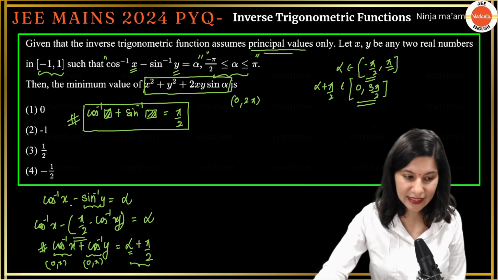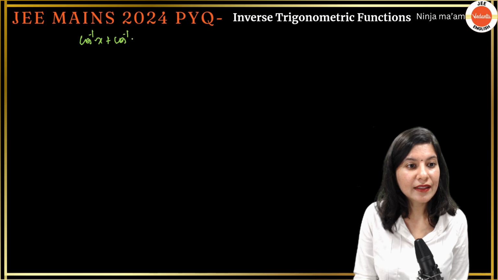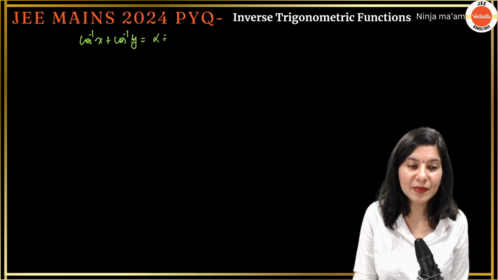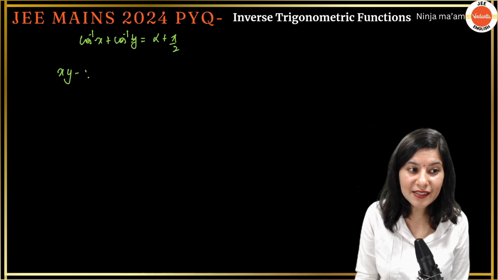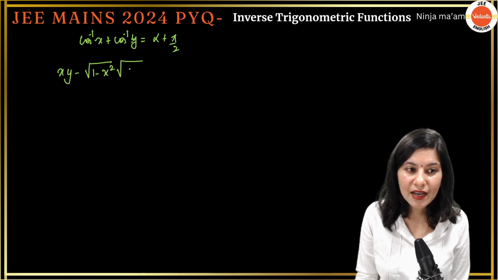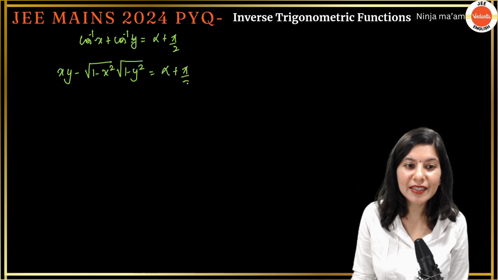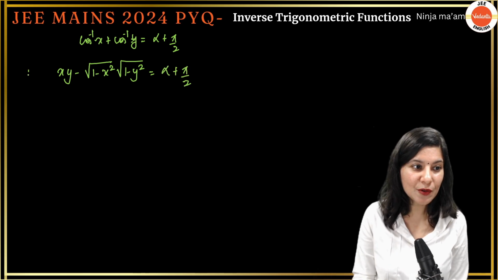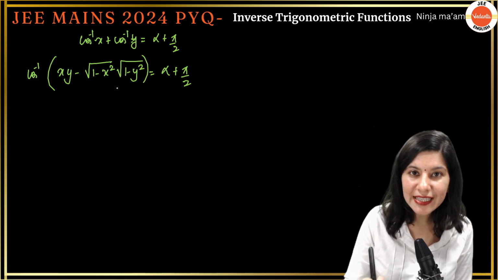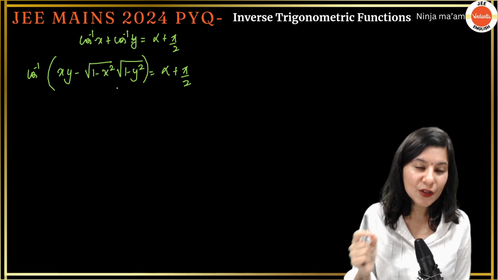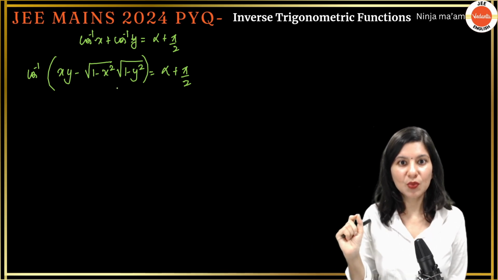That formula is: cos inverse x plus cos inverse y is alpha plus pi by 2. Now let us apply the formula. It is xy minus square root of 1 minus x square times square root of 1 minus y square, equal to alpha plus pi by 2. That's it, this is your formula. Let's not forget cos inverse x is already there. So cos inverse x plus cos inverse y is cos inverse of xy minus square root 1 minus x square, square root 1 minus y square.